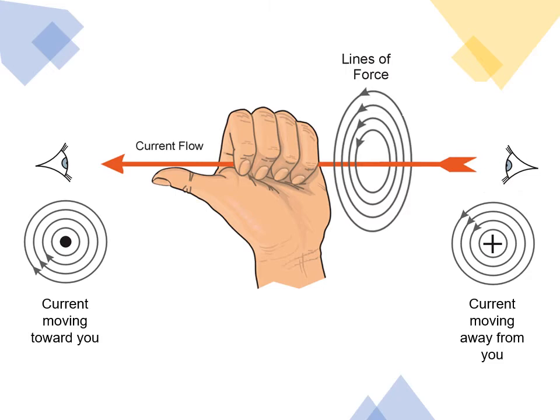So if you use your left thumb and point your thumb towards the board or your piece of paper, your fingers would then indicate that the magnetic field is setting up in a counterclockwise direction around the conductor. We can use the left-hand rule to determine how the magnetic field is setting up around a conductor on a flat surface.